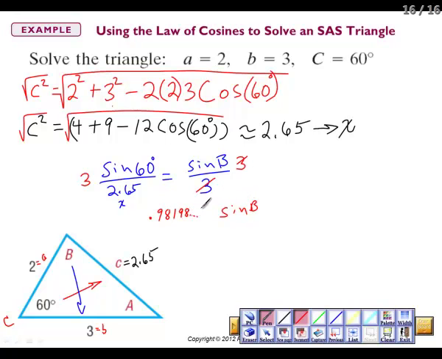So at this point, we've got to solve for angle B. So what do you think we need to do to solve for angle B? You should have said we have to apply the inverse sine to both sides.